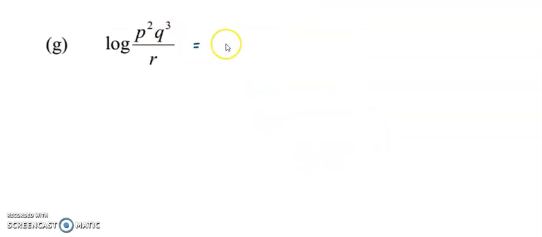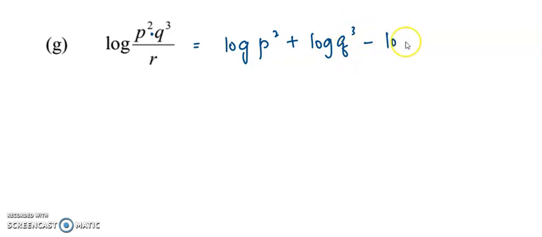Similar to the previous question, we will focus on the operation between p, q, and r. So we have p square multiplied by q cubed over r. When we split them, it should be log p square plus log q to the power of 3 minus log r. And now I move the 2 to the front.